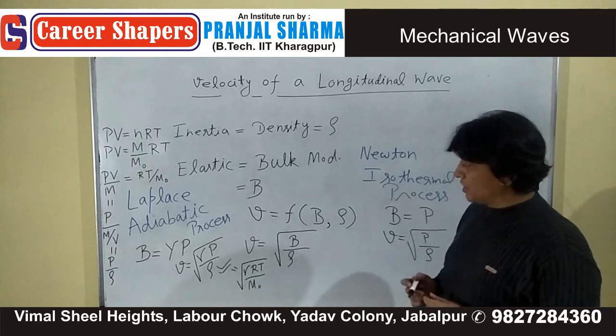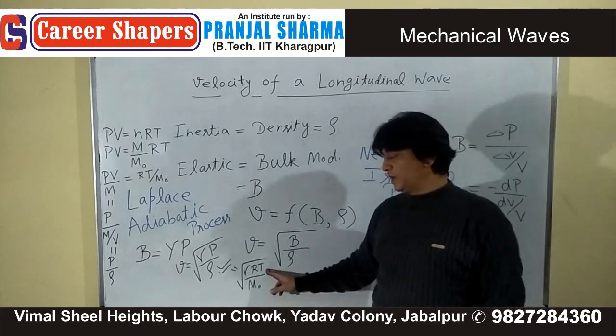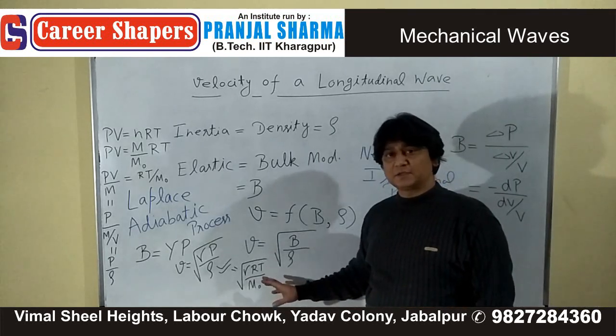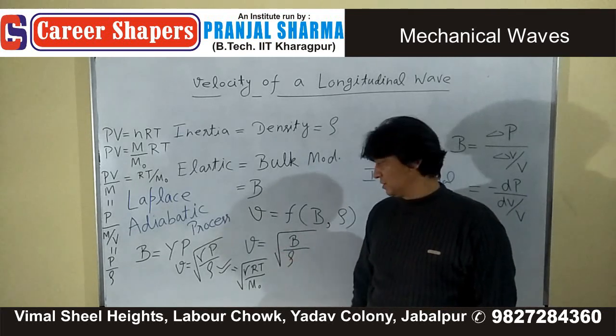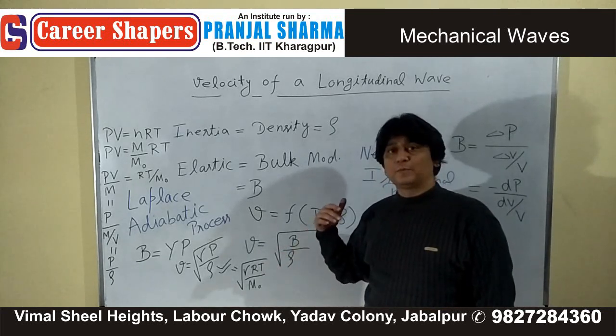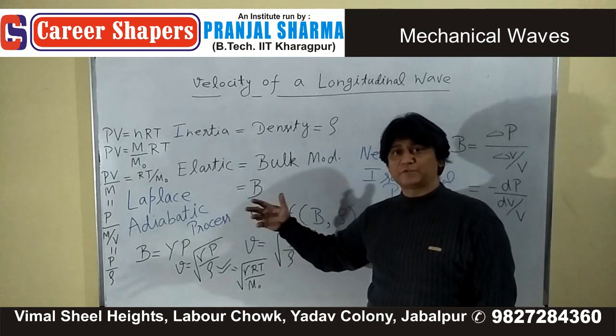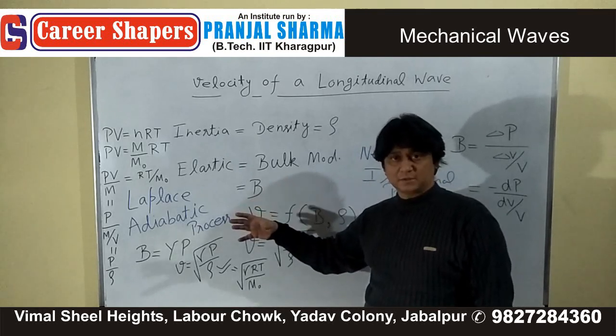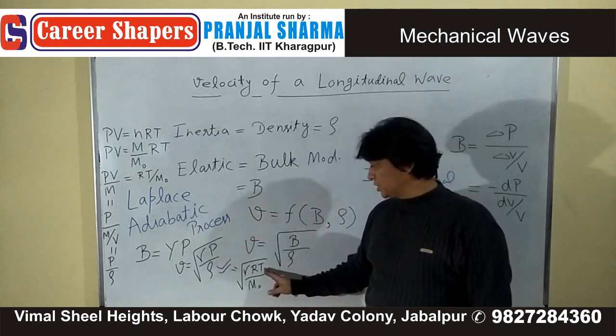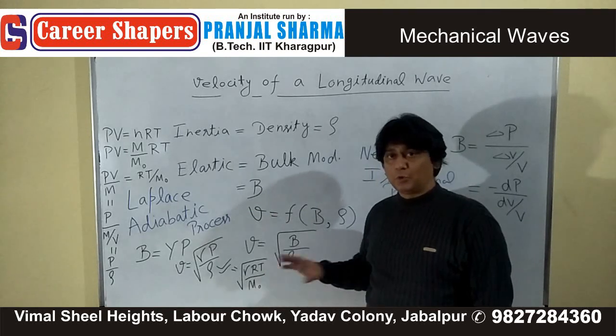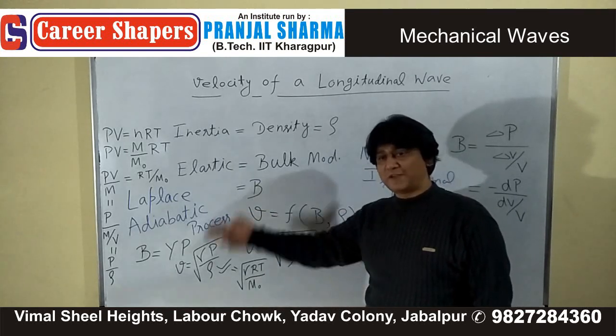Now remember one important thing. This T is not in Celsius, this T is in Kelvin. So if somebody asks what is the velocity of sound at 0 degrees, you will not be putting 0, you will be putting 0 plus 273.